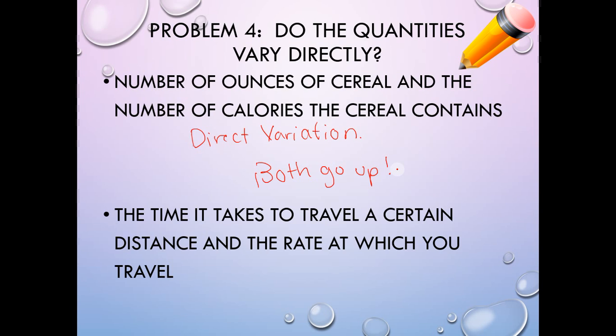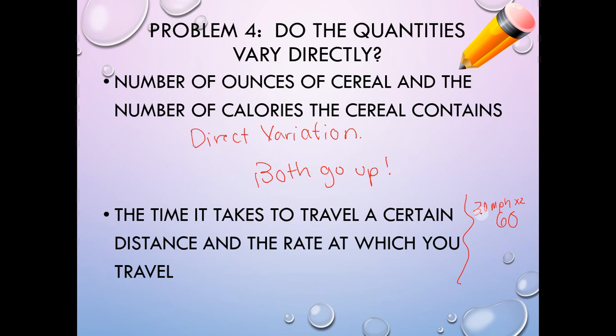So let's think about this though. If I travel at 30 miles an hour, just off to the side, kind of scratch paper idea here. If I travel at 30 miles an hour for 2 hours, it's going to take me 60 miles, right?